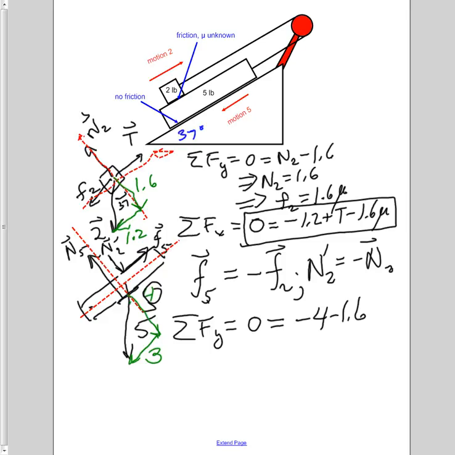And we also have N5, like this. And so this allows us to write down that N5 is equal to 5.6 pounds.